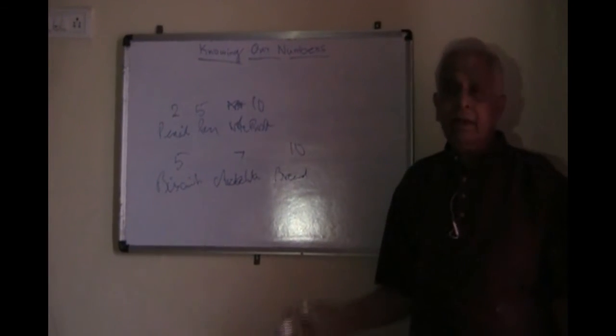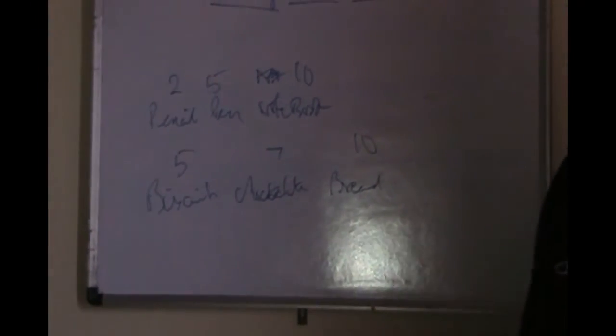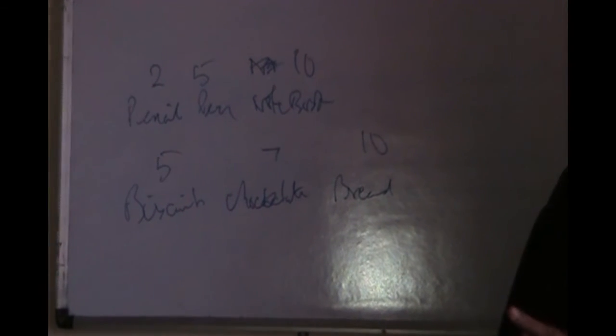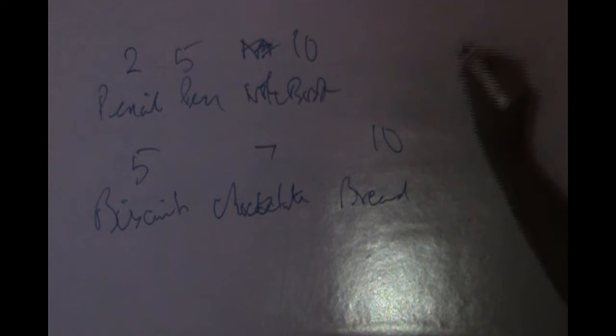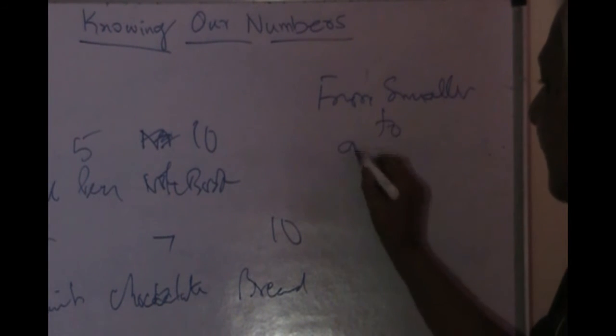A similar example will make you understand which is the smaller one and which is the bigger one. So this number will give you to understand from smaller to greater.